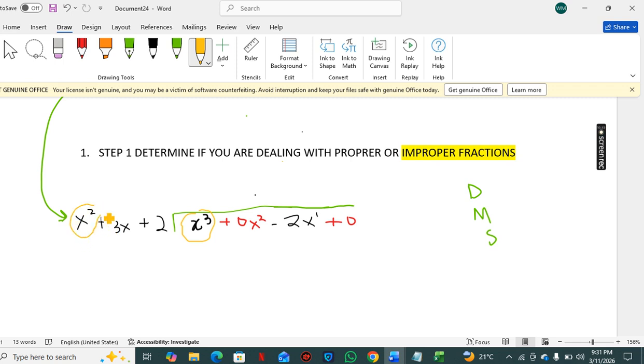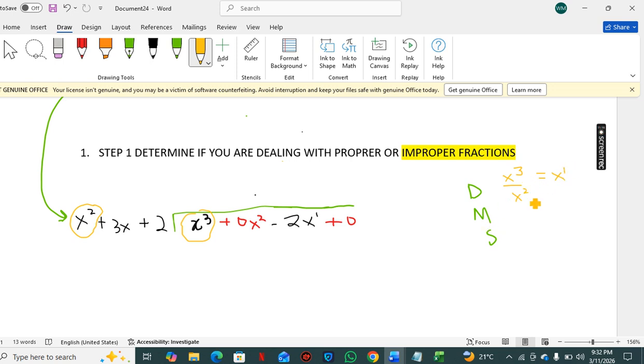Okay? So those are the first things you divide. So we are going to say x cubed divided by x squared. It gives you x, right? x to the power 1.